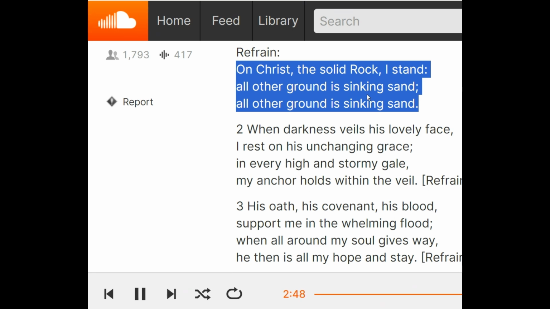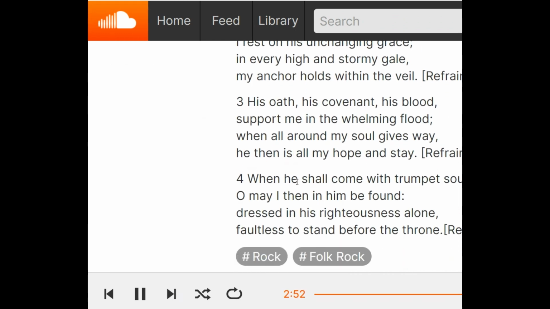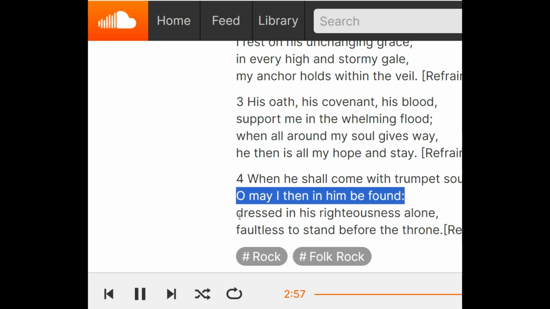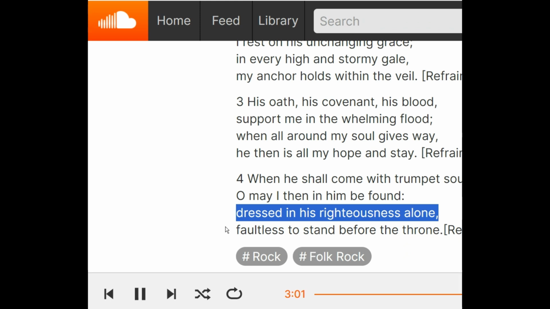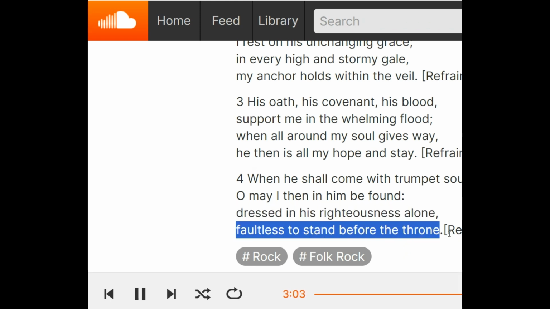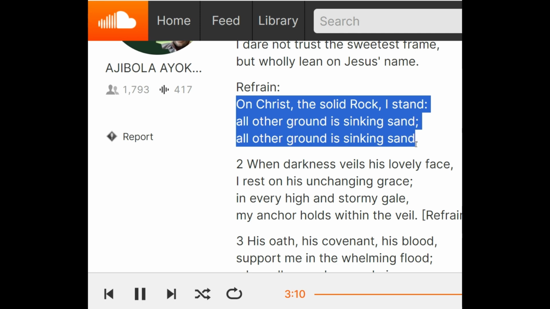With trumpet sound, may I hidden in him be found, dressed in his righteousness alone, faultless to stand before the throne. On Christ the solid rock I stand. All other ground is sinking sand.